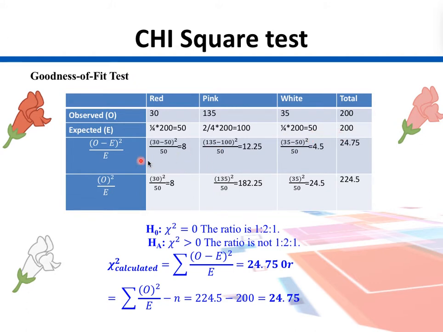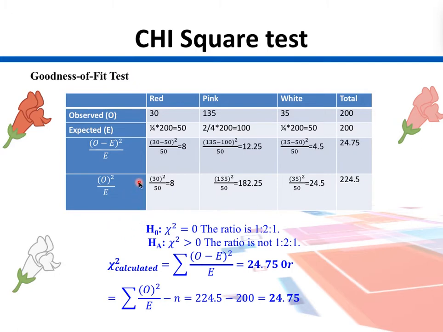We can calculate the chi-squares as observed minus expected, squared, divided by expected. So for the first one the chi-square value is 8. For the second one we get the value of 12.25, and for the white flowers we get the value as 4.5. These individual chi-squares are then summed together and we get the overall chi-square.